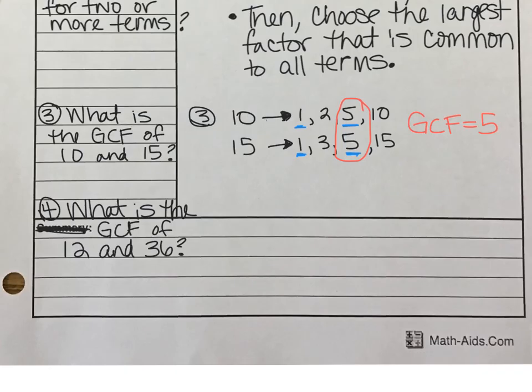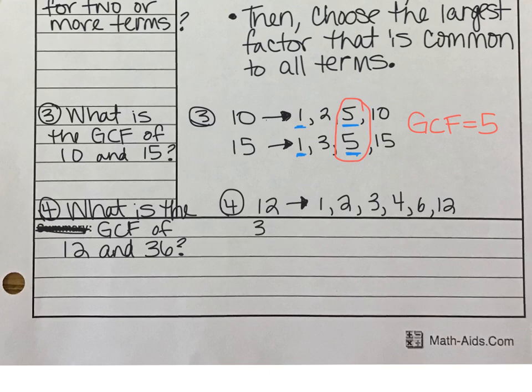Let's try a second example. What is the GCF of 12 and 36? So we'll start by listing all the factors of 12. So think about all the multiplication problems that you can do that make 12. 1 times 12, 2 times 6, and 3 times 4.